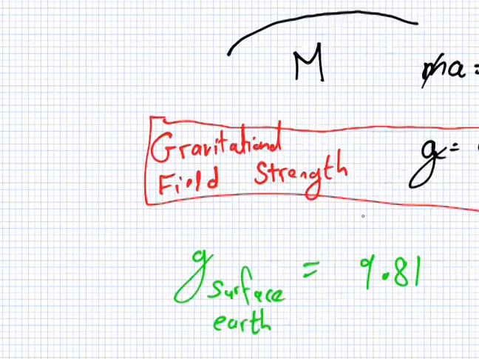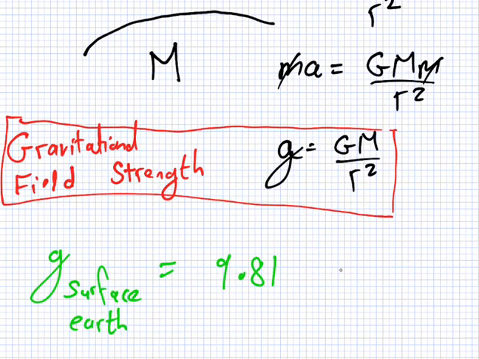G is meter cubed over second squared kilogram squared. I need the one that has newtons in it as well. It's not important right now, I'll work it out later. So I'll just put this in quotation marks for the moment. It still is meters per second squared, and it's still 9.81.